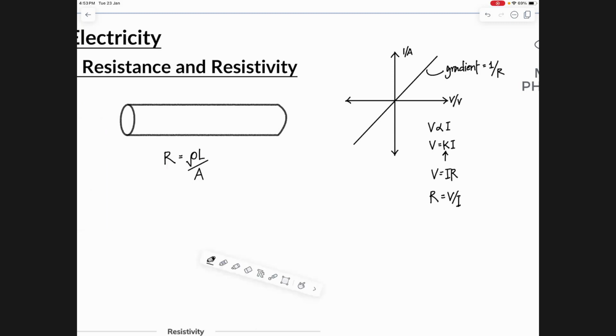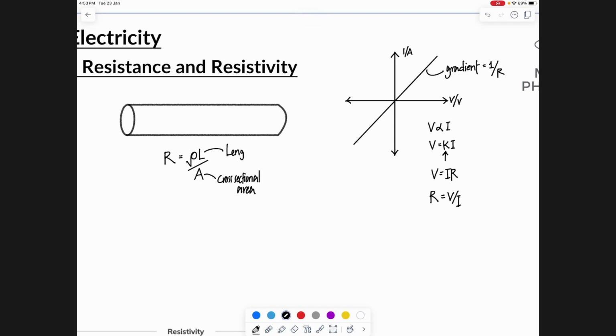So yeah, coming back to my equation here, এখানে A হচ্ছে cross-sectional area of a wire, So cross-section area বাড়লে তোমার resistance কমে যায়. This is the length of the wire. And rho টা কি? Yeah, it's called resistivity.